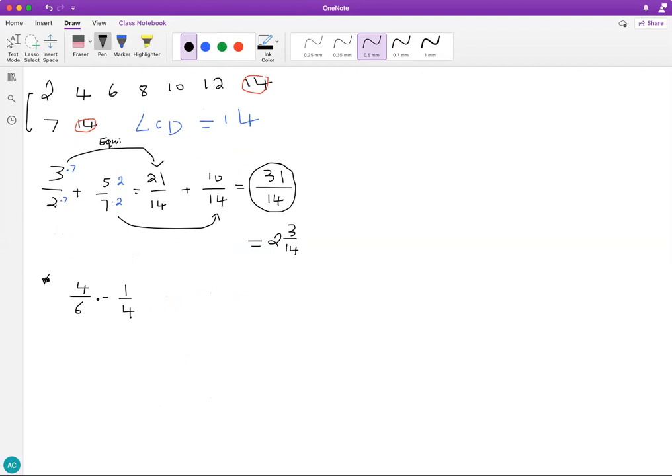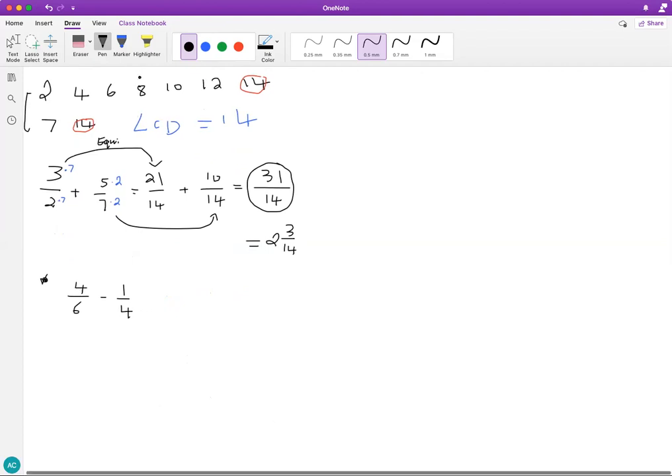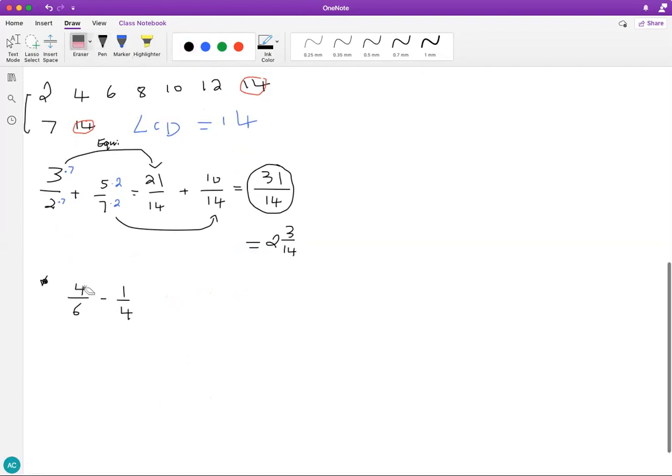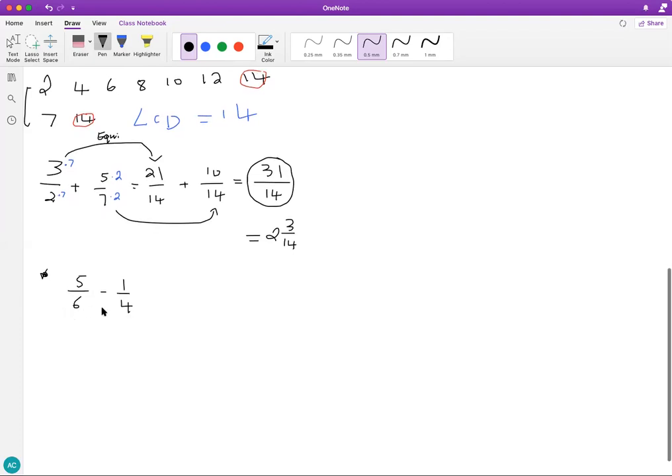Or let's make this a 5 instead, so we don't have to simplify. So let's make it a 5. All right, so obviously we can't subtract right away because the denominators are not the same. We need to find an LCD. What is the LCD? What's the common denominator for 6 and 4?